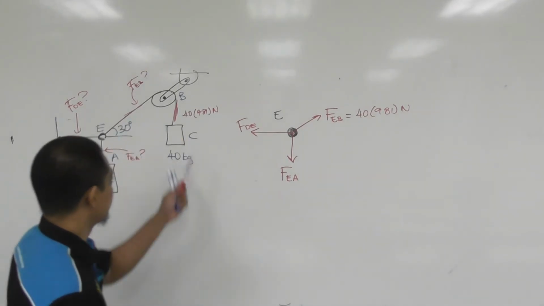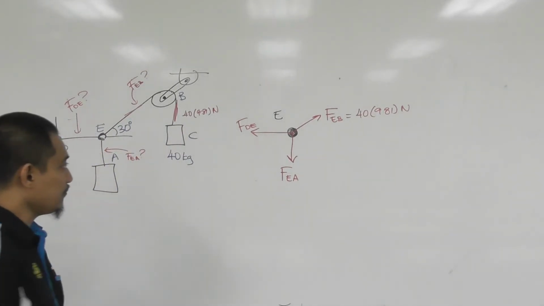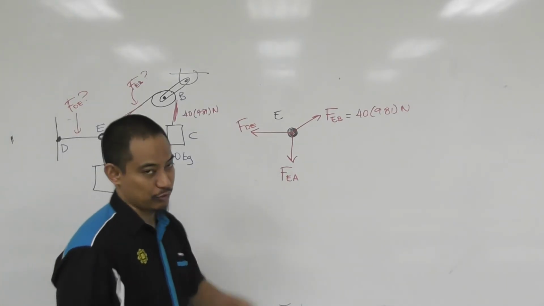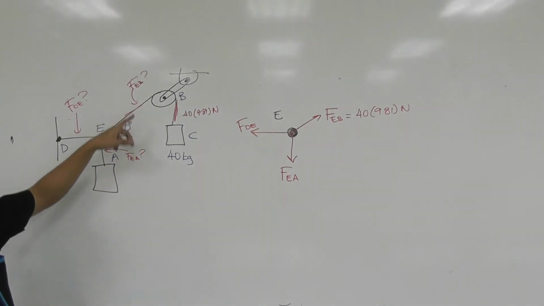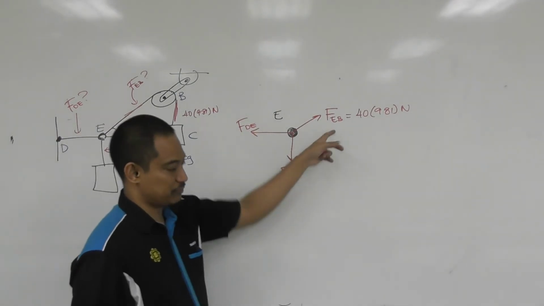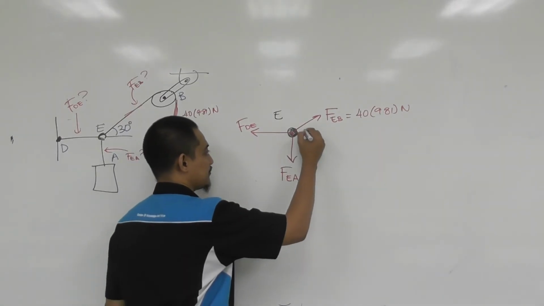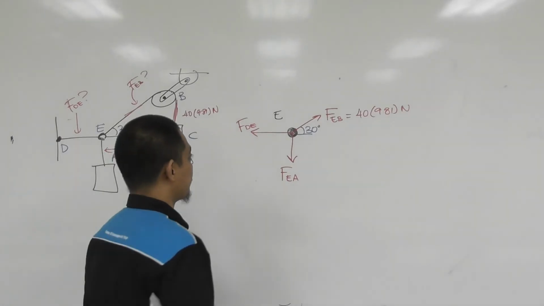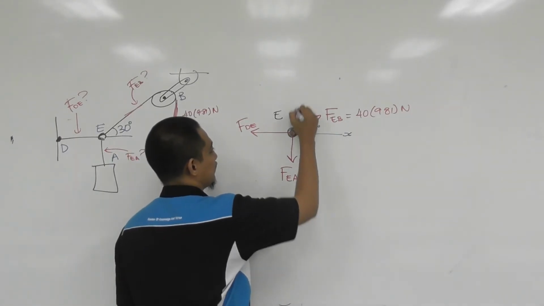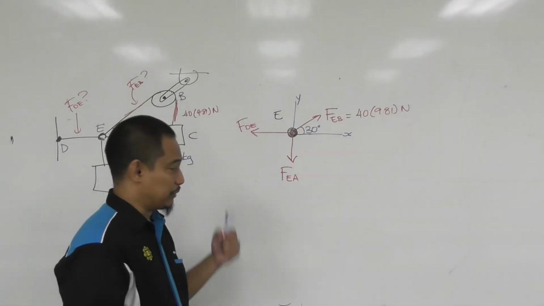It's known from here, so that one is solved already. Because the question actually asks what is FDE, EA, so this one is known from the beginning. And we have also the angle of 30 degrees, and also the X and Y axis. Okay, so that's the free body diagram.